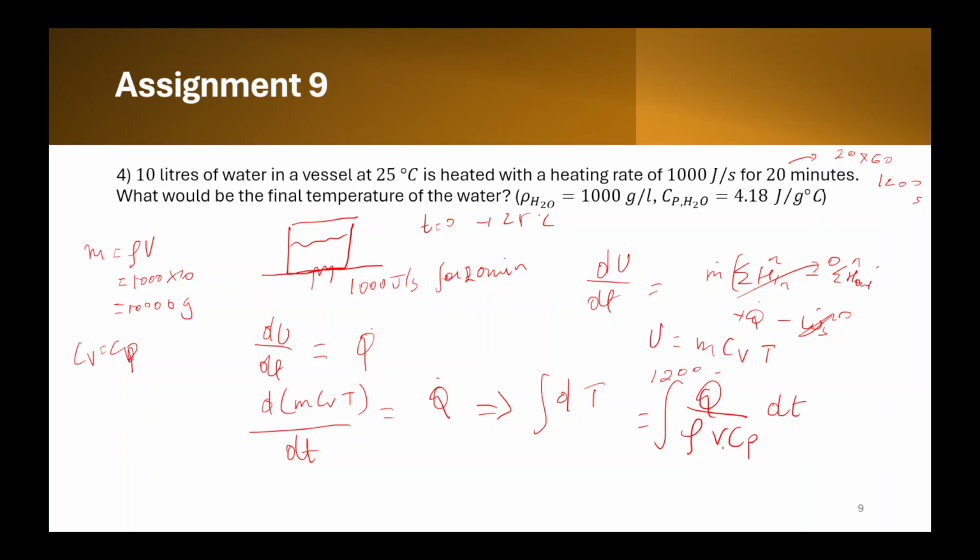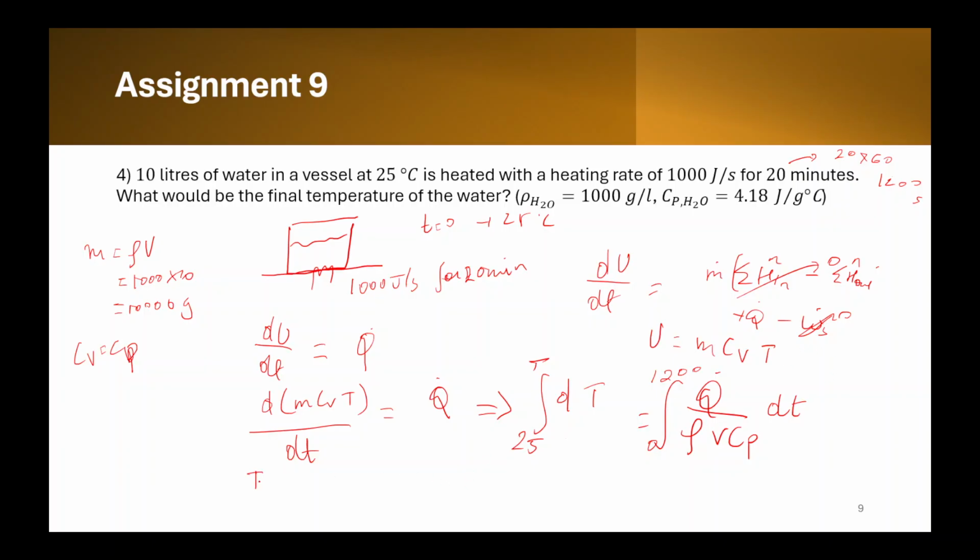That is what you get, and this is time t equal to 0. And we know the initial temperature is 25 degrees Celsius, and the final temperature we need to find out.